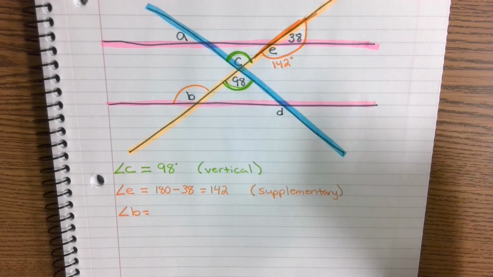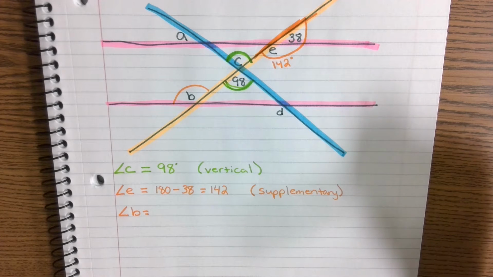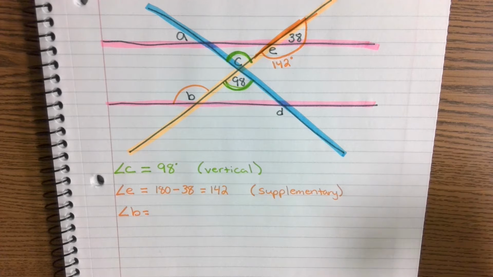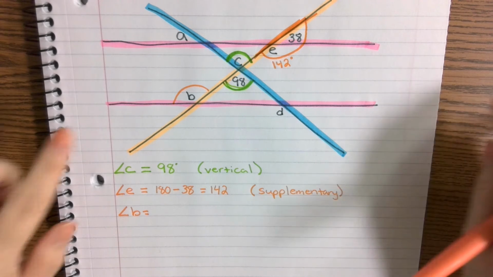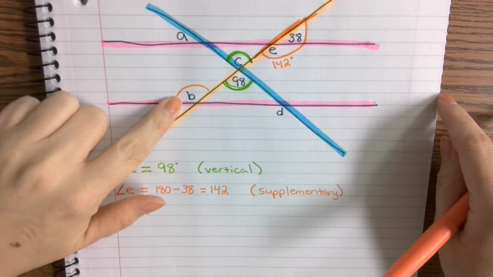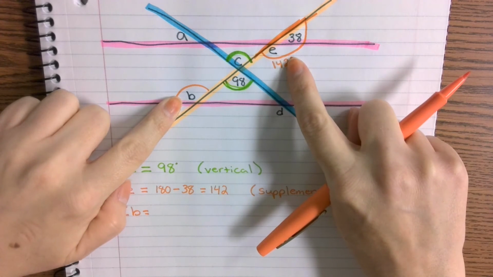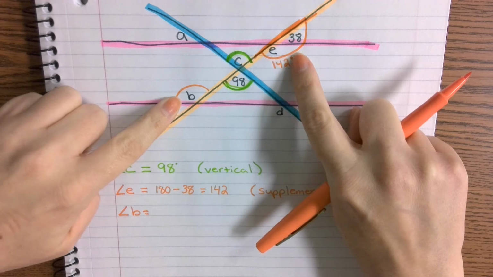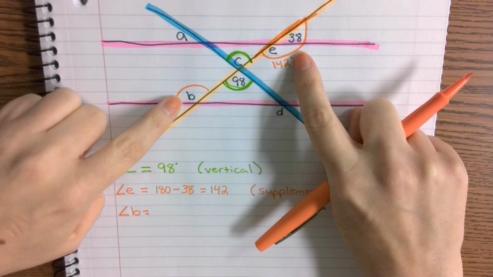Alternate interior. Guys, there's a whole lot of vocabulary for this unit. You have to study that vocabulary on a daily basis, or you're not going to do well when it comes to your test. So you want to make sure that you're studying that vocabulary. Angle B and angle E are going to have an alternate interior relationship to each other.